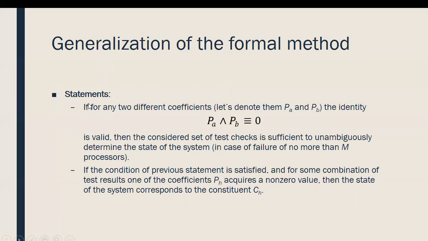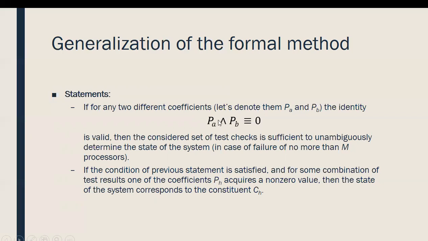And there are two statements for this form which are proved in the paper. The first one is, if for any two different coefficients their pairwise conjunction is identically equal to 0, then the considered set of test checks is sufficient to unambiguously determine the state of the system in case of failure of not more than m processors.